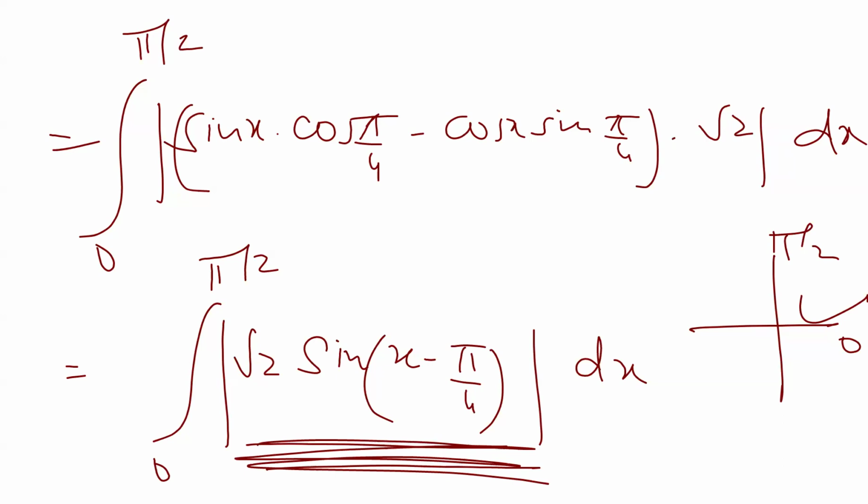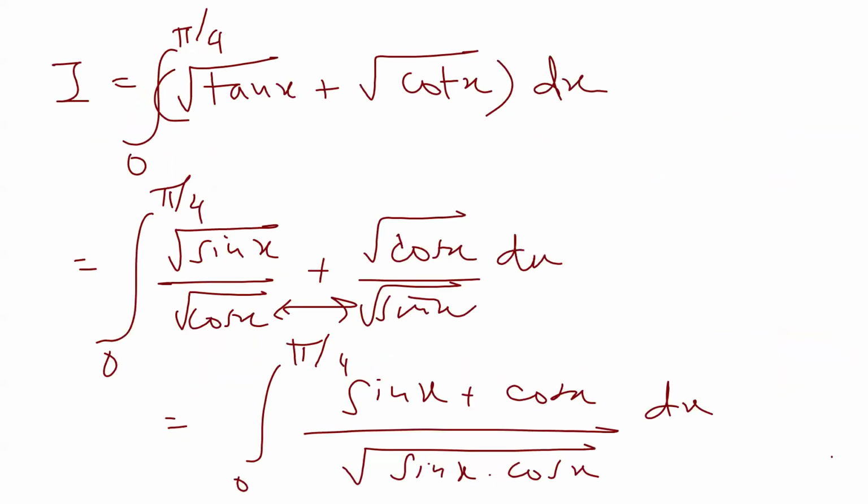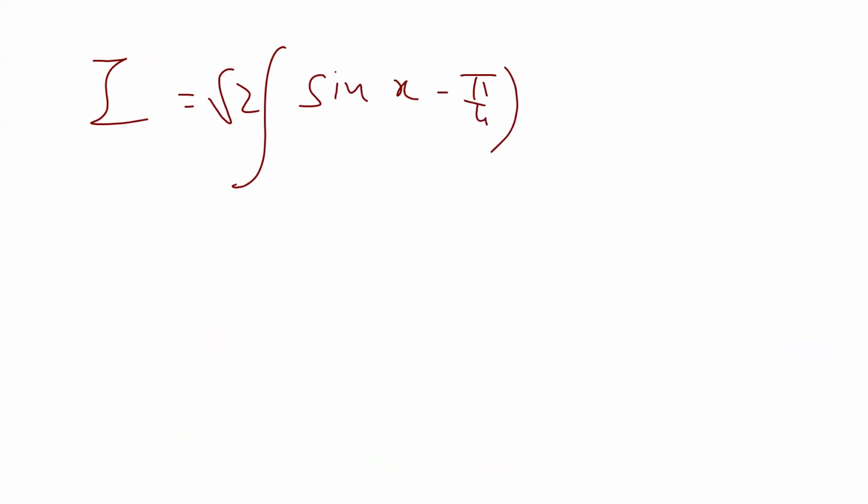So no need of taking this negative. So root 2 will go outside: sin of x minus pi by 4 dx, 0 to pi by 2. We are only discussing the first quadrant, so the sign is always positive over there. So when it comes outside the modulus, it is going to take a positive sign.